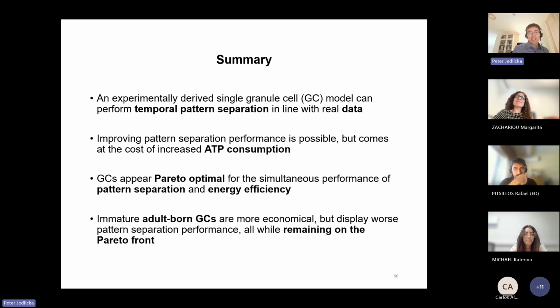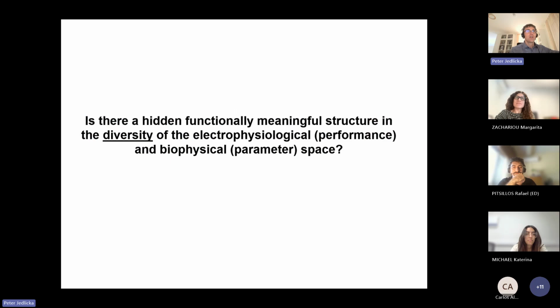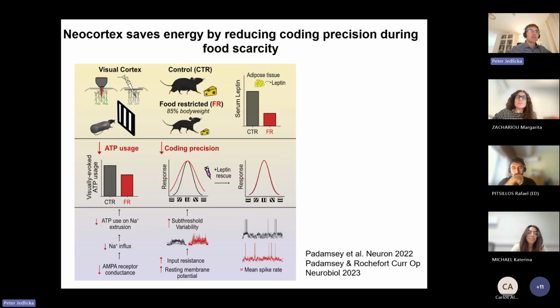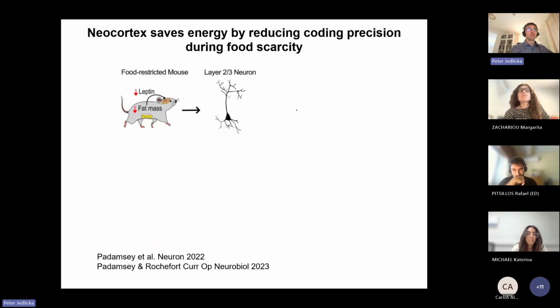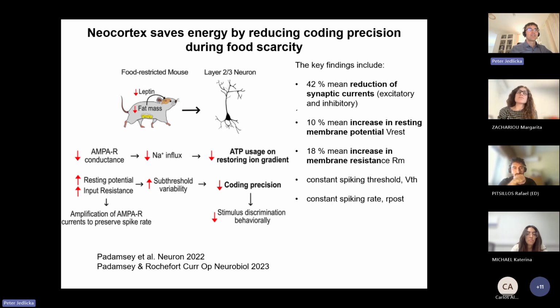Okay, I think I am at the end of my talk. I still had some outlook, so you can do this at the circuit level, but I will skip that. I still had one more part, but I think I will not talk about it, because this was another example for Pareto optimality, but in the visual cortex. This is experimental data that we modeled, but I'll skip that.